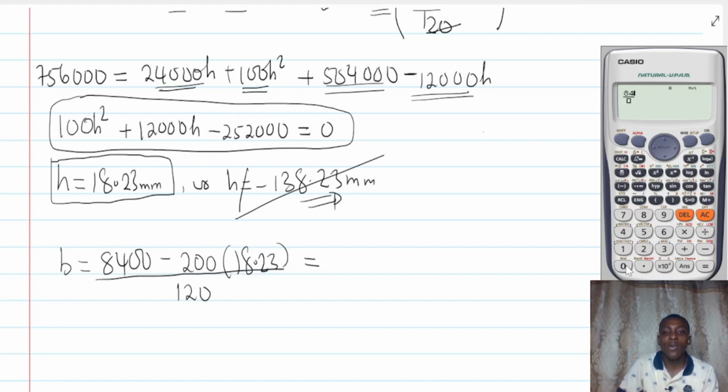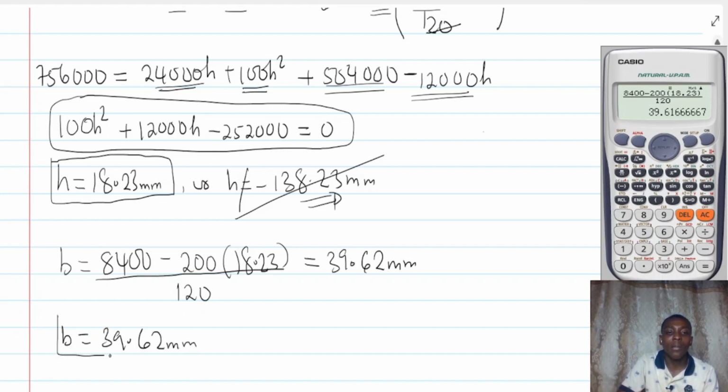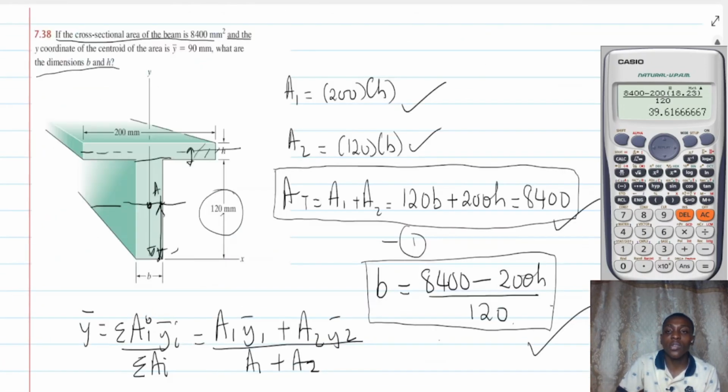It's 8400 minus 200 multiplied by 18.23, divided by 120. So what is that? 39.62. So 39.62 millimeters. So h is 18.23, b is 39.62 millimeters. All right, so this problem has been solved.